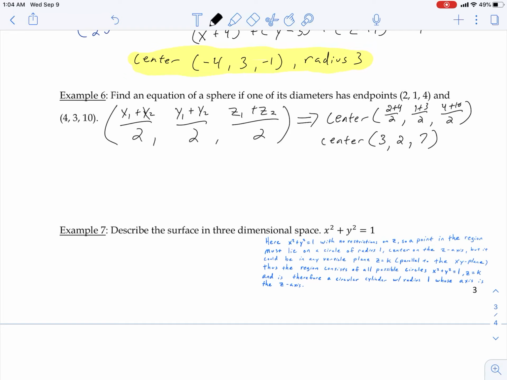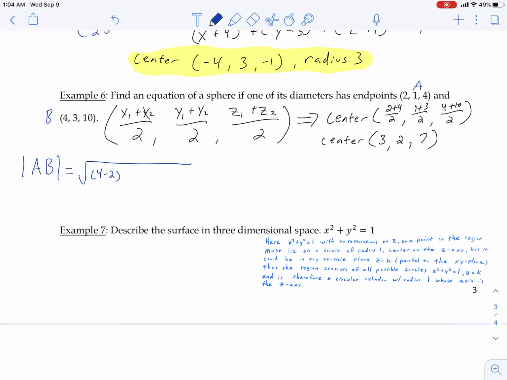Now we need to find the radius. So what we're going to do is just find the distance between these 2 points. I'll say that this is point A and this is point B, just so that you can see mathematically what I'm doing is finding the distance between A and B. So again, I'm just going to use the distance formula, and I'm going to have 4 minus 2.